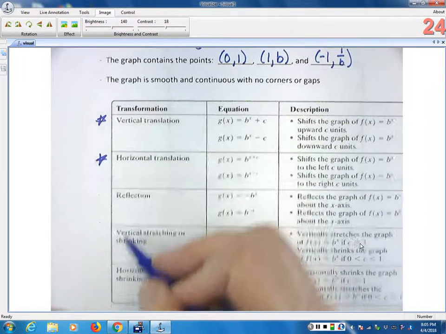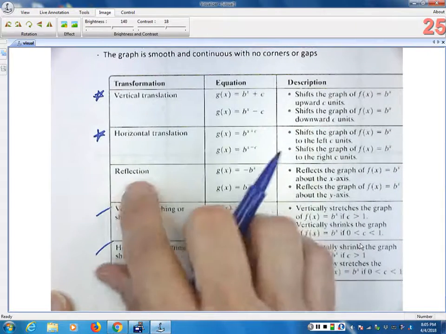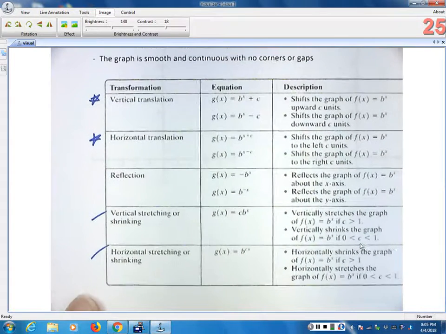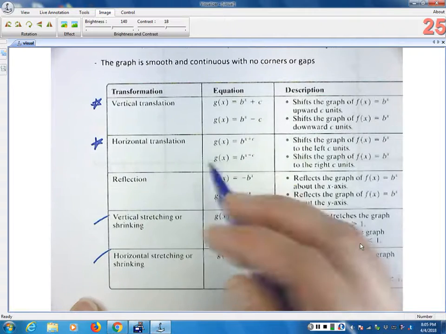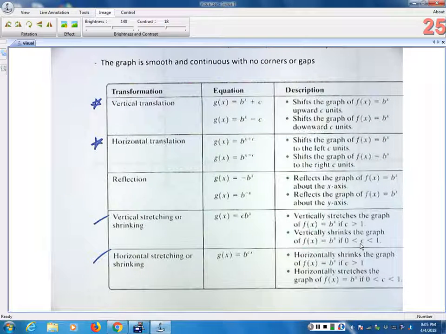And these are not as important. And reflection, I doubt I'm going to ask you that. So the next examples we're using here. I don't know if MyMathLab asked you that or not. Let me know.